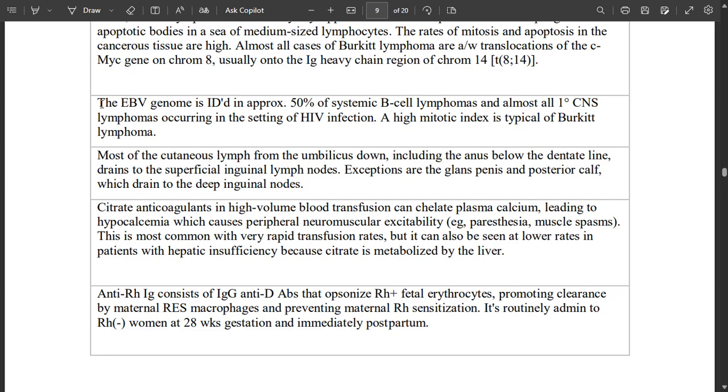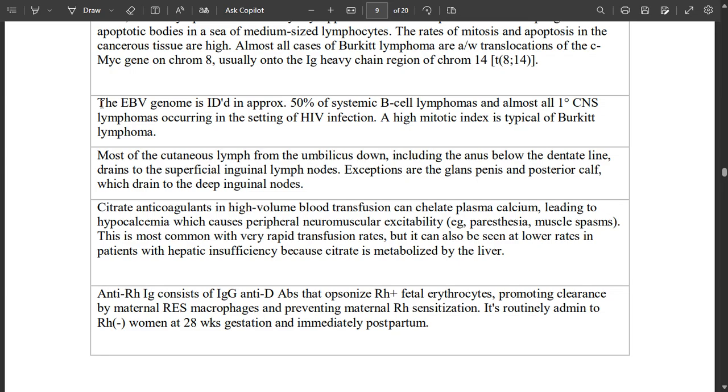Epstein-Barr virus is one of the very commonly implicated viruses in cancers. 50% of systemic B-cell lymphomas and almost all primary CNS lymphomas occur in the setting of HIV infection, so there is HIV infection and co-infection with EBV. A high mitotic index is typical of Burkitt lymphoma.